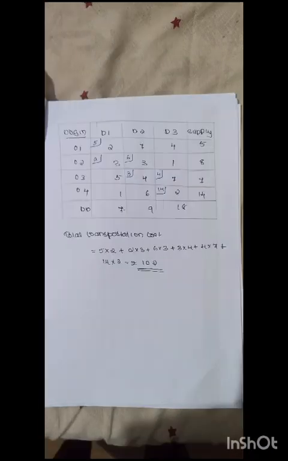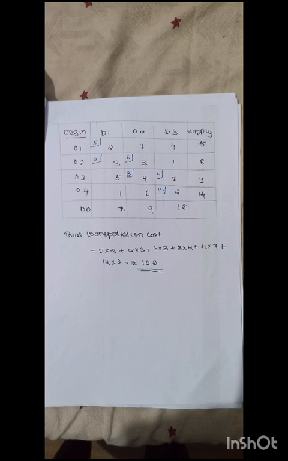So the final step is to find the cost. To find the transportation cost, we have to multiply the allocated cell with the allocated value. Here we have allocated 6 cells. First, we have to rewrite the constructed northwest corner rule table and place the allocated values in the allocated cells.